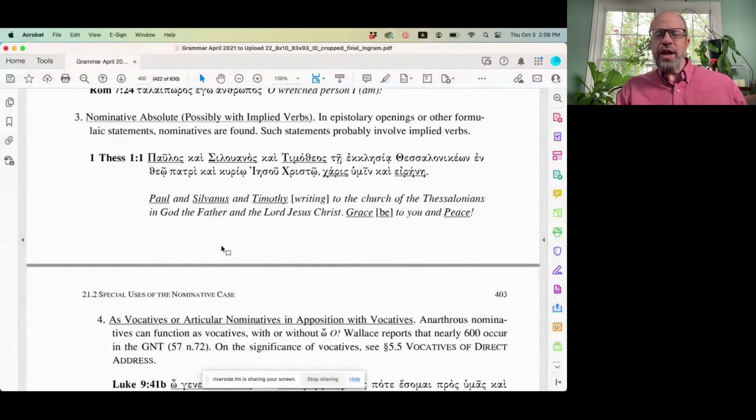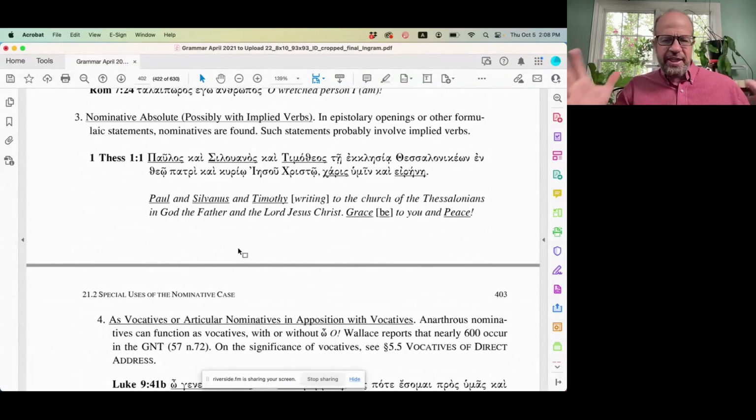Now, sometimes you have nominative absolutes where they're just kind of hanging there with no verb. For example, the beginning of epistles and letters have this kind of construction. So Paulos kai Silouanos kai Timotheos, tē ekklēsia, to the church. So you have Paul and Silas and Timothy, or Silvanus and Timothy.